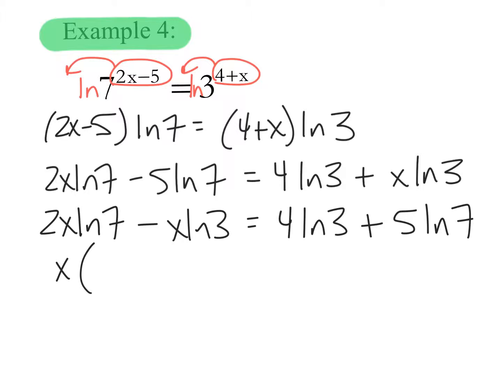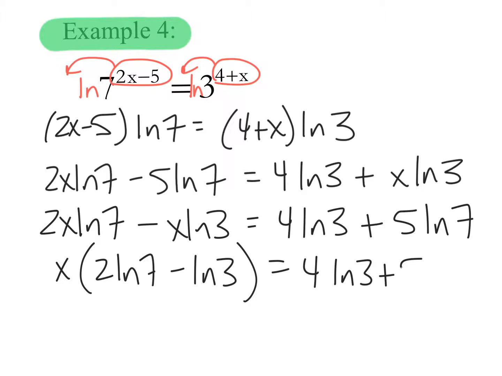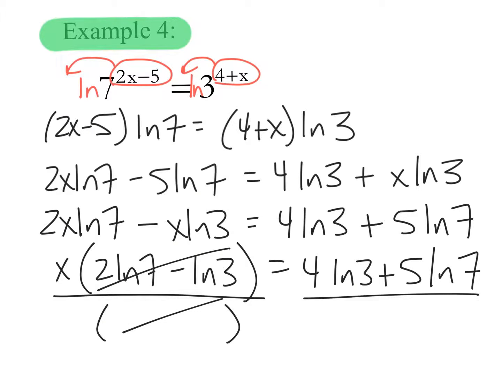You know how to finish the problem. Probably factor out the x here. So I have 2 ln 7 minus ln 3, 4 ln 3 plus 5 ln 7. Last thing to do would be just to divide by the quantity. That's what cancels here. Divide on this side. 2 ln 7 minus ln 3.